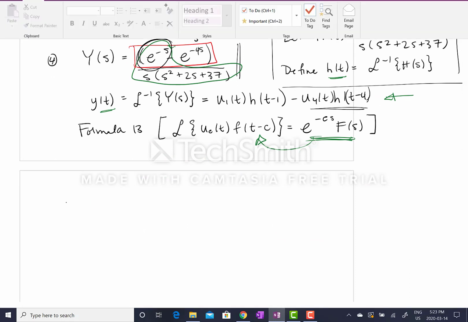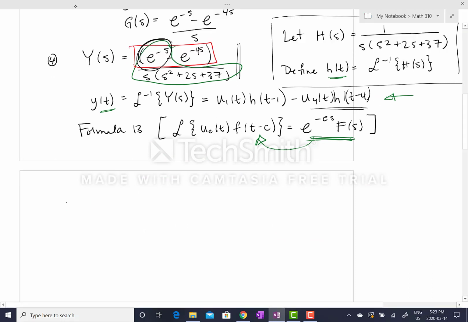So now I have the problem of determining h of t. That is the inverse Laplace transform of 1 over s times s squared plus 2s plus 37. That is the problem that I need to solve.